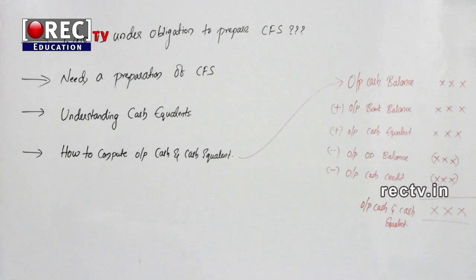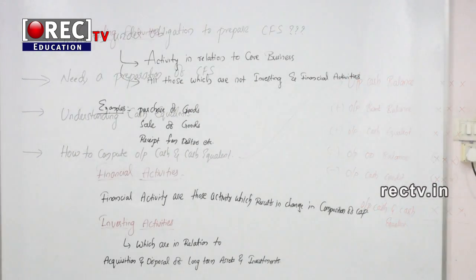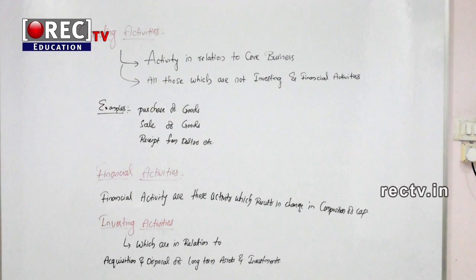Let us look clearly at what the operating activities are. Friends, we have seen the format of CFS. Now in that, first we have operating activities. So what are the operating activities? Here operating activities means an activity which is a principal revenue generating activity, that is an activity in relation to core business. So that is known as operating activity.